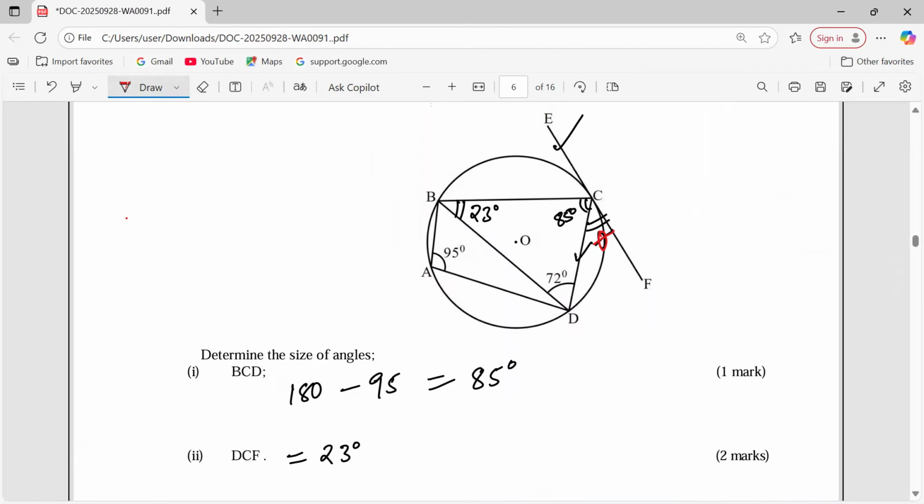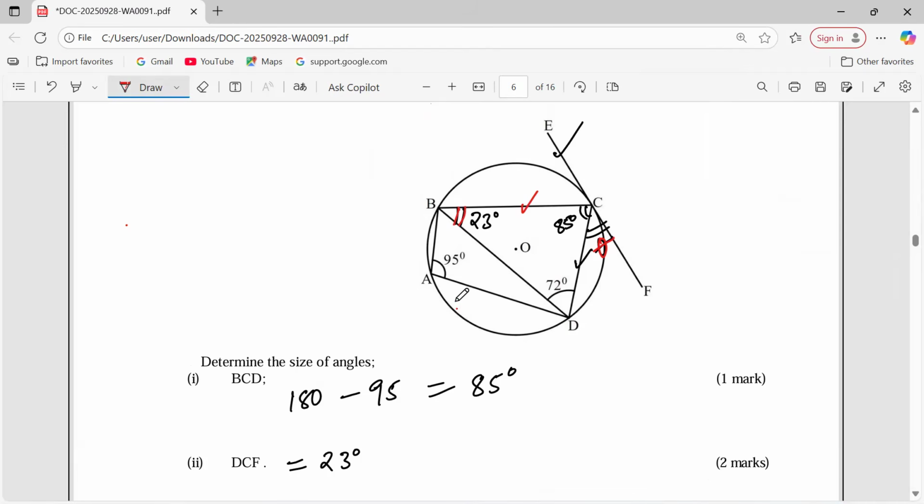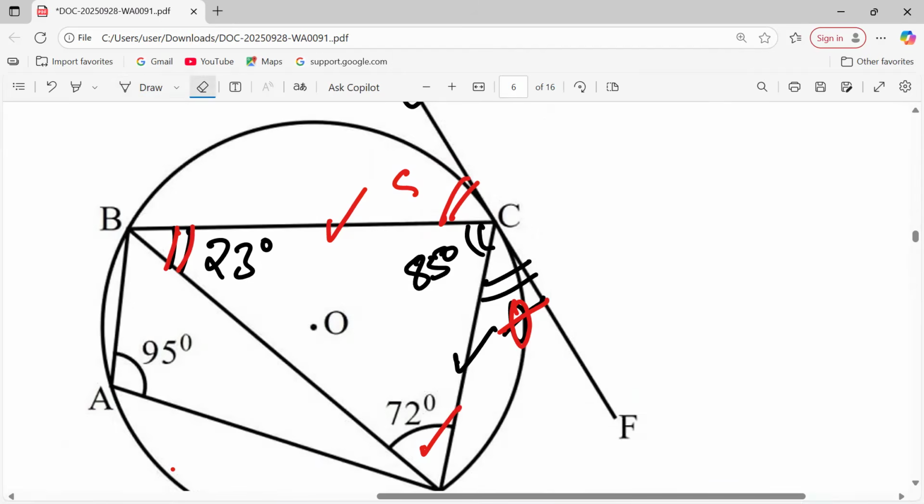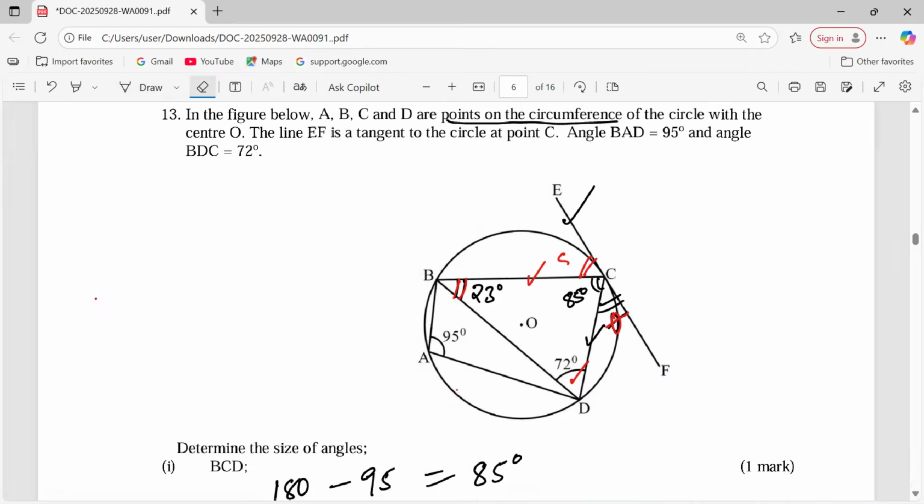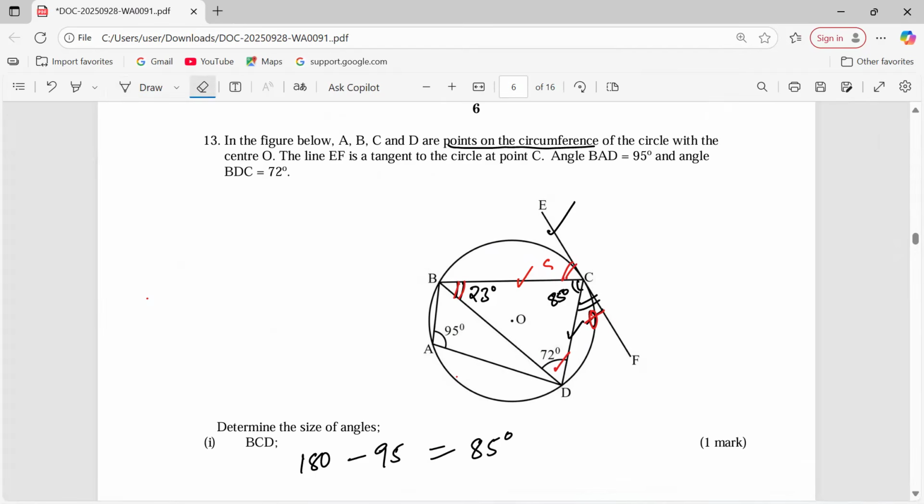Therefore, this chord subtends an angle of 23 here, meaning that it left an angle of 23 at this point. We can also apply the same alternatively and say the chord BC is making an angle at this point and also producing an angle of 72 in the alternate segment, meaning that we shall have an angle of 72 here.